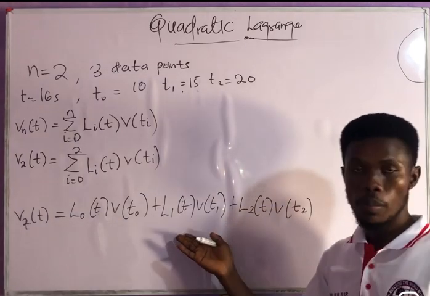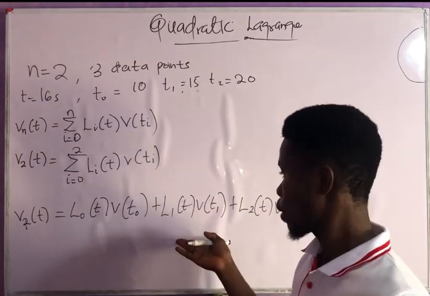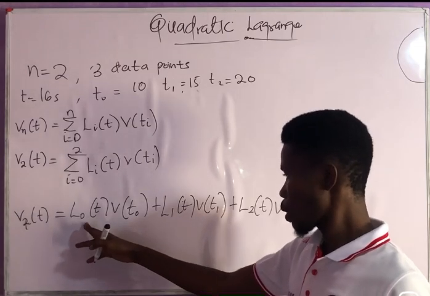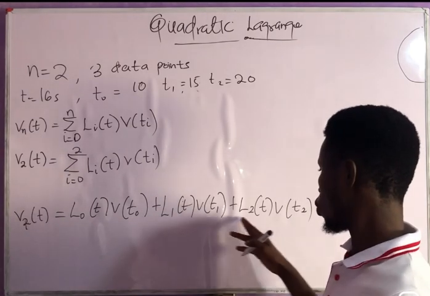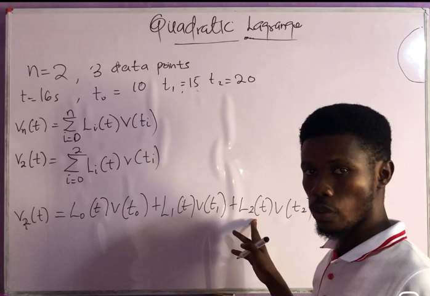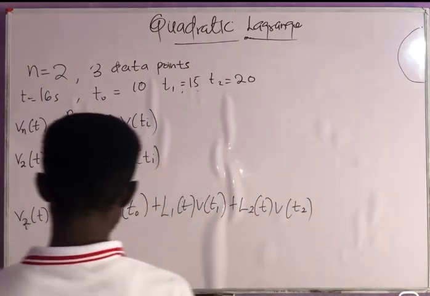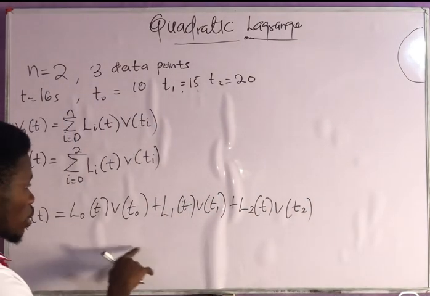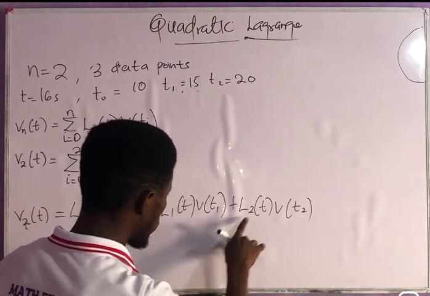So now this becomes our quadratic formula, from L0, L1 to L2. Is that alright? It means that we need to find L0, L1, and L2.